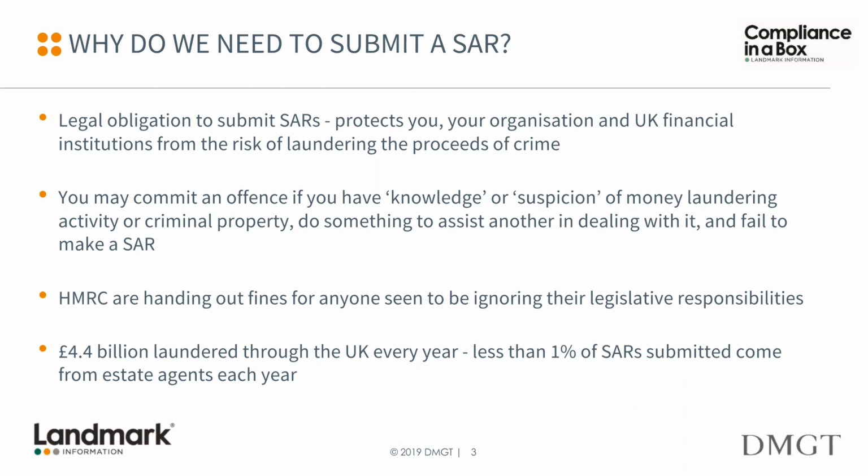Now, considering how much money is suspected to be laundered through the buying and selling of property, HMRC and the UK Financial Intelligence Unit are concerned that agents are either missing or ignoring the signs. Now, they're visiting firms and handing out fines and suspensions where they see people ignoring their legislative responsibilities.